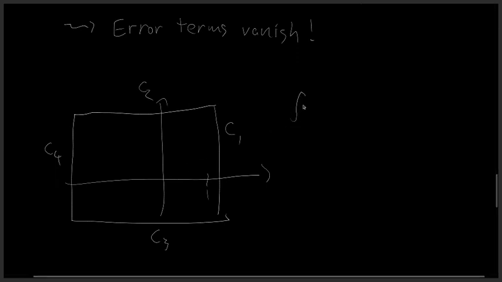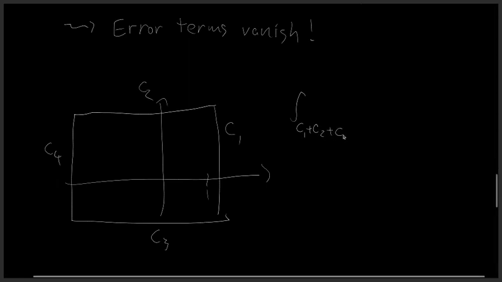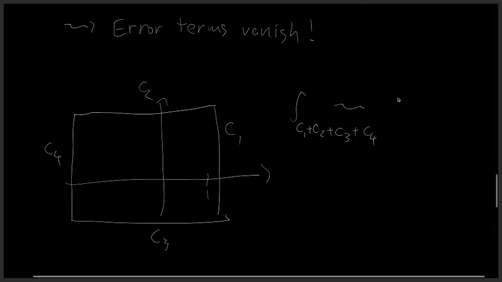So the integral along C1 plus C2 plus C3 plus C4 of whatever is equal to 2 pi i times the sum of residues.